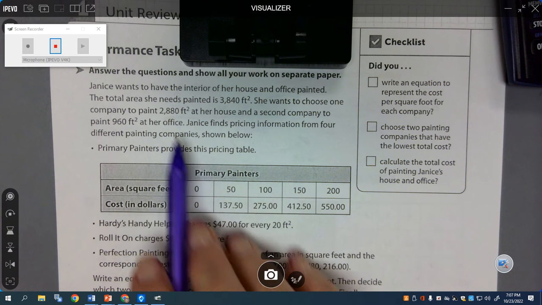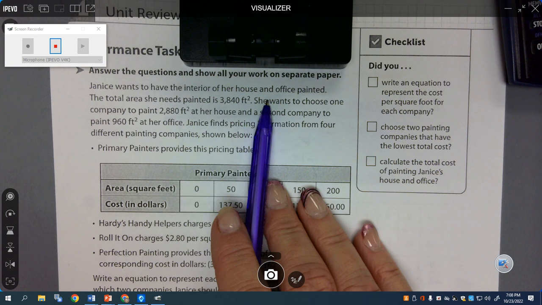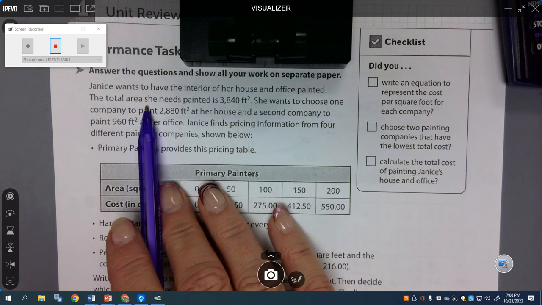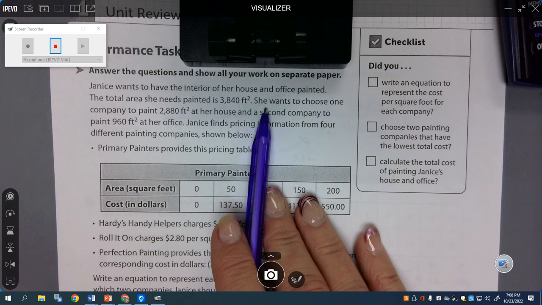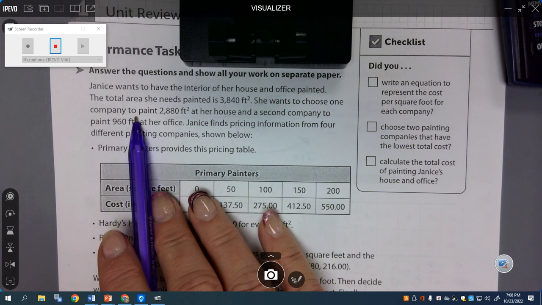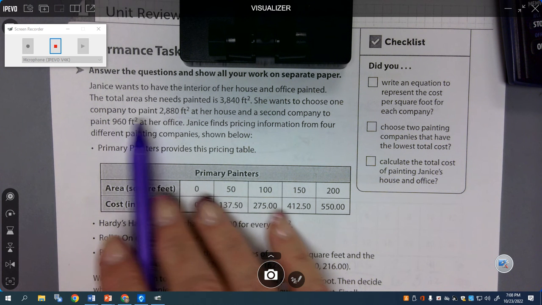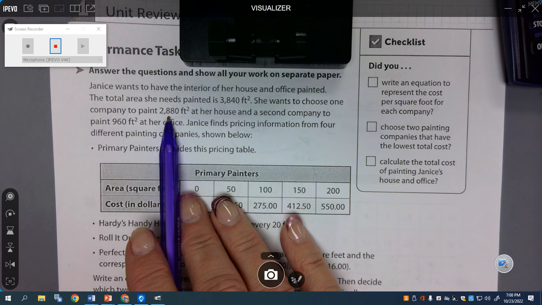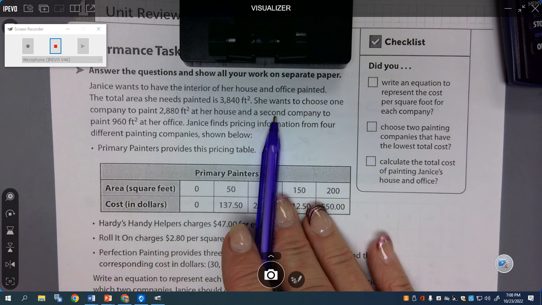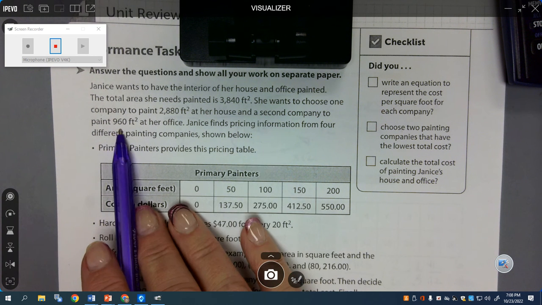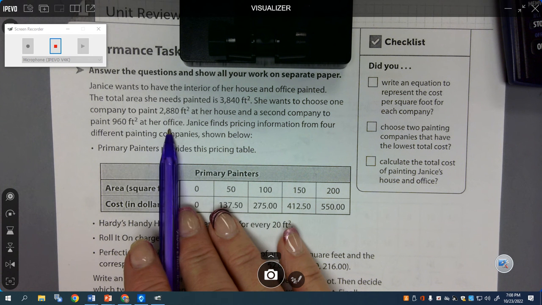Janice wants to have the interior of her house and office painted. The total area she needs painted is 3,840 square feet. She wants to choose one company to paint 2,880 square feet at her house and a different company to paint 960 square feet at her office.